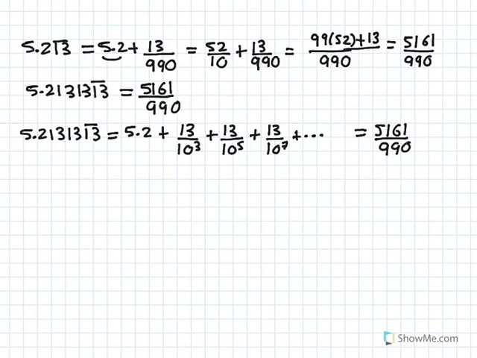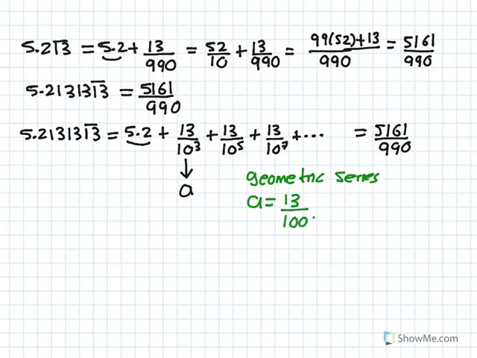Now 5.2 is not part of the geometric series. The geometric series starts with the first term, which is a equal to 13 over 10 cubed, which is 1,000, and r, the common ratio, which is going to be 1 over 100.